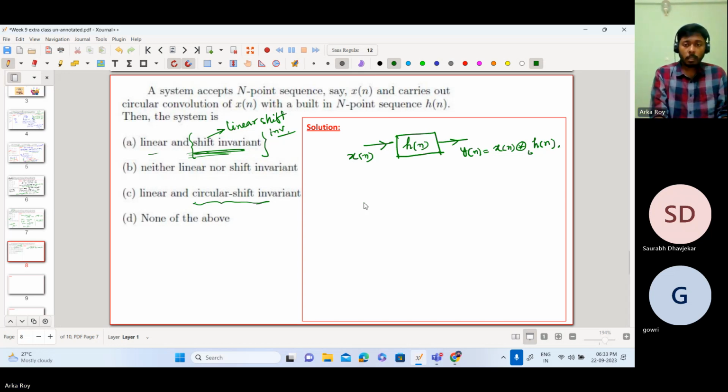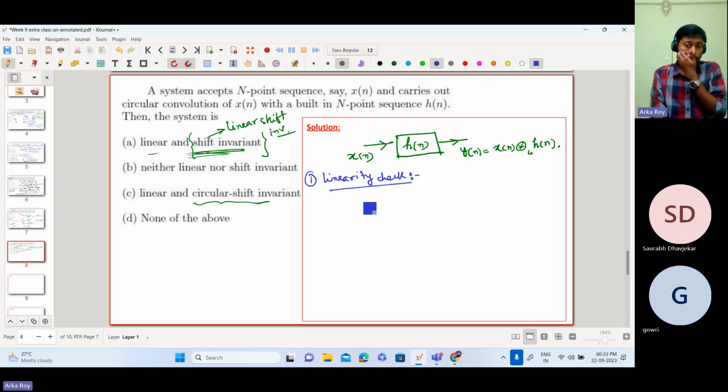So in the first part, let me check the linearity property. So let us check for the linearity. We have already seen how to check the linearity. We'll take two sequences, x1[n] and x2[n], and provide these two sequences as input to the system.